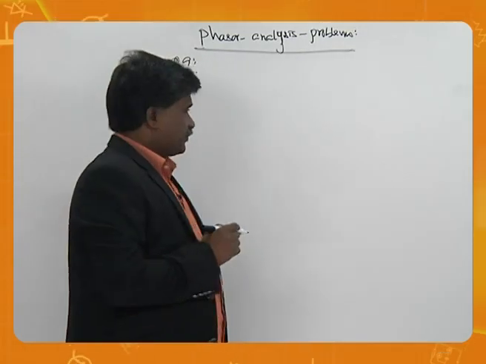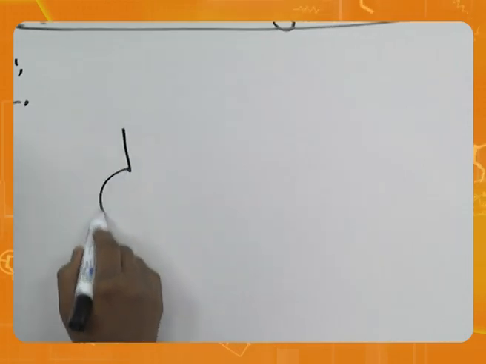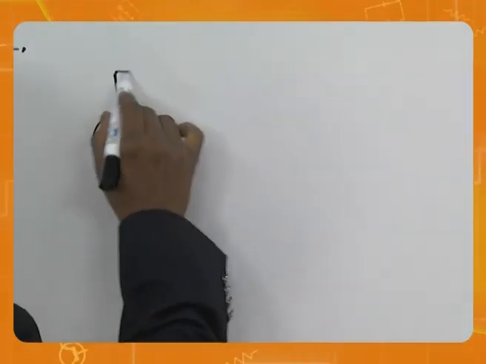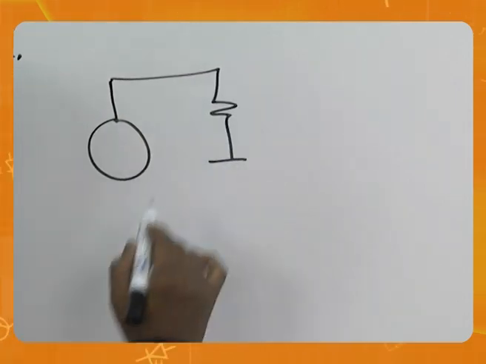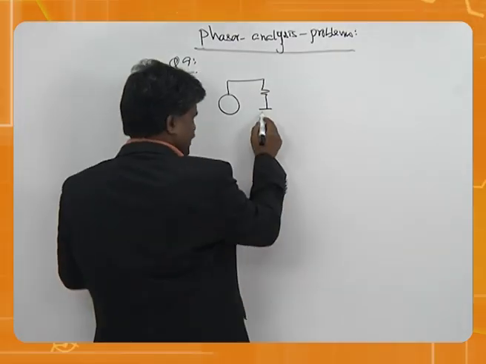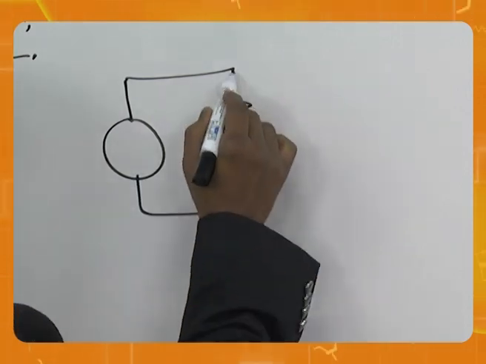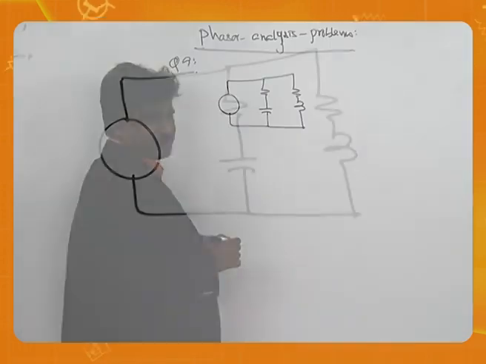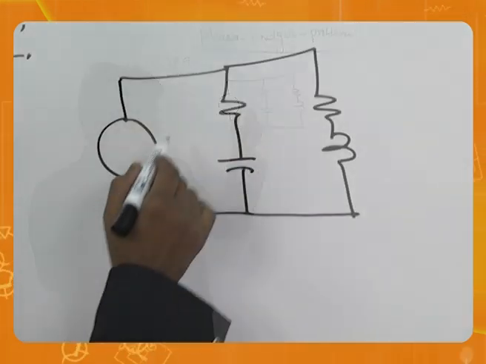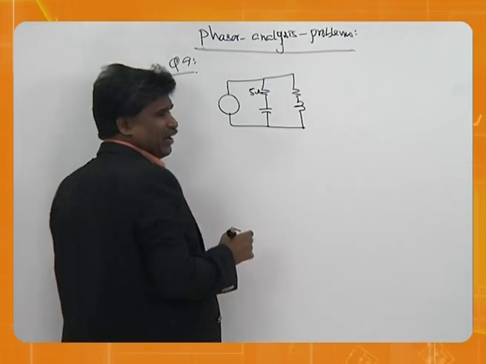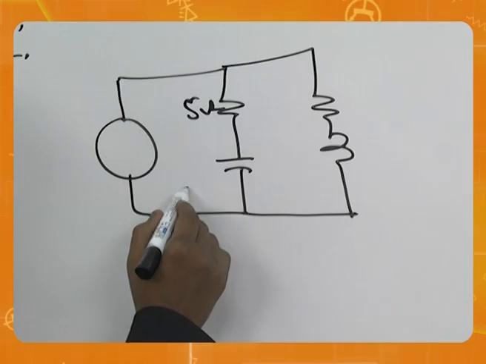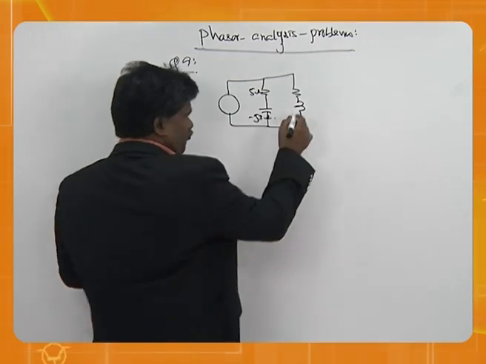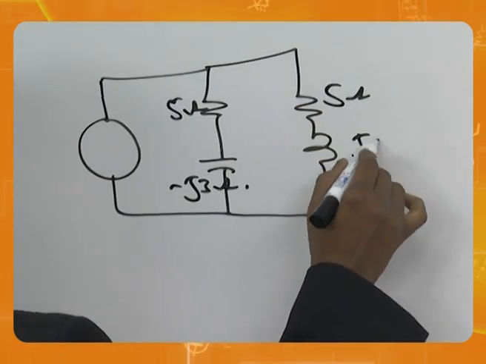Let us see now. Let me take the problem first. When I take the problem here, first one is a resistor and a capacitor. Second one is a resistor and an inductor. 5 ohms here, minus J3. 5 ohms here, plus J3.